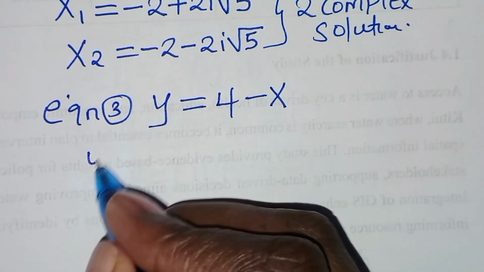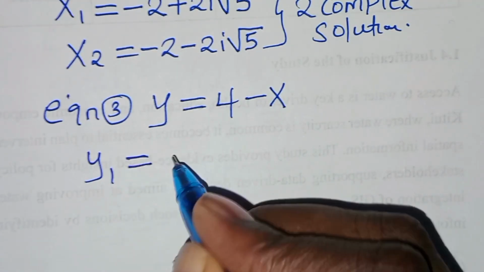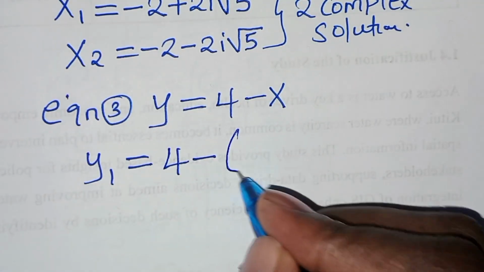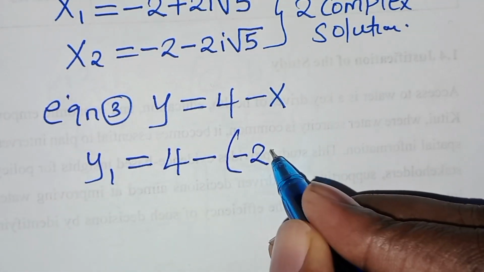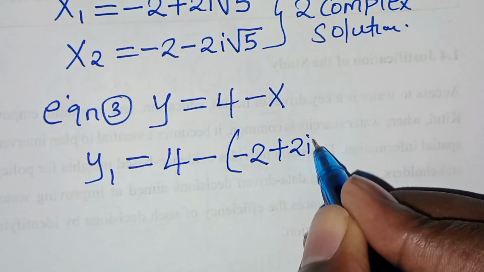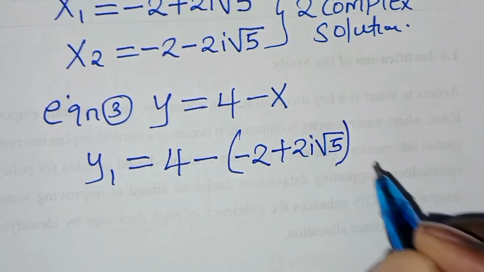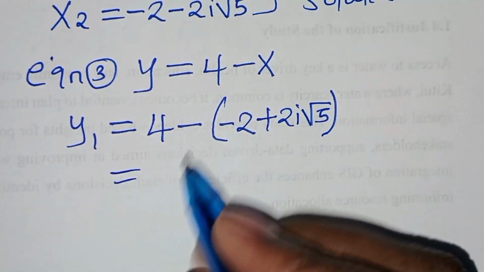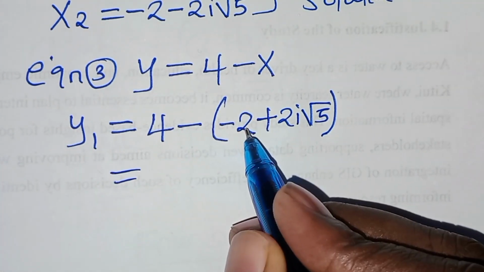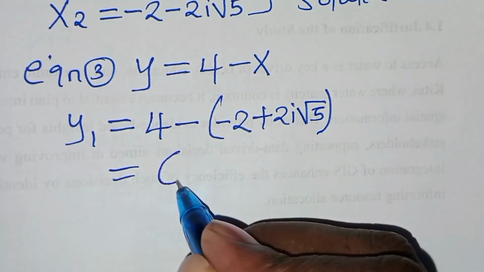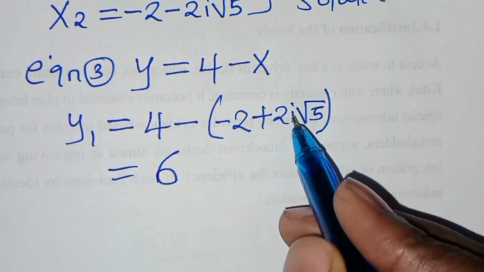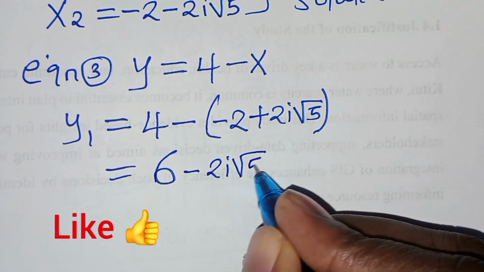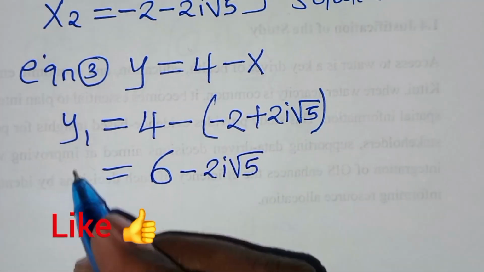So we have that y1 will be equal to 4 minus x1. x1 is equal to minus 2 plus 2i square root of 5. So this implies that here we have 4 minus minus 2. This is the same thing as 6. Then minus times plus 2i, this is minus 2i square root of 5. So this is what is y1.